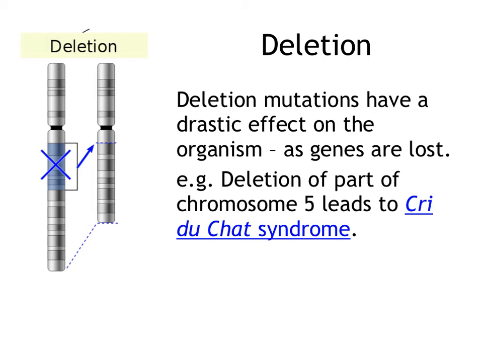Now deletion mutations have a drastic effect on an organism because you're basically losing genes. And here's an example here where this part of the chromosome, a number of genes have been lost.